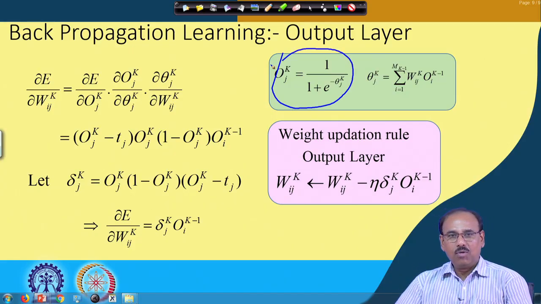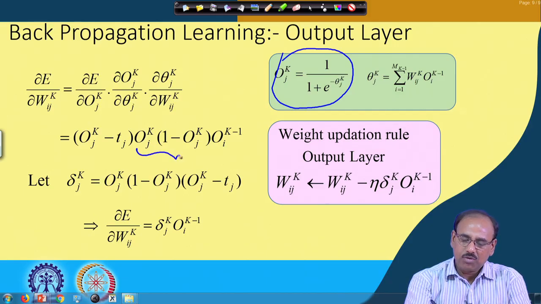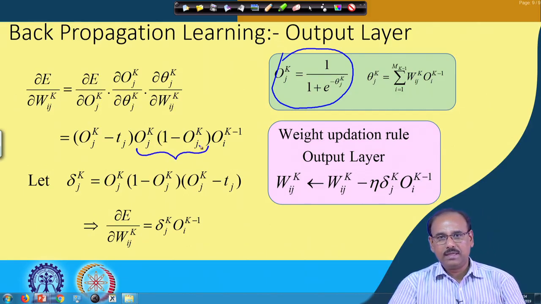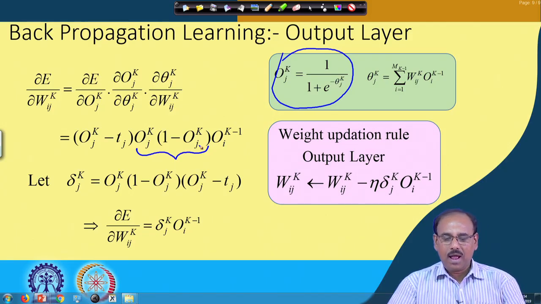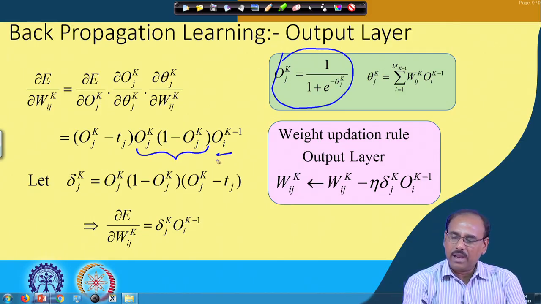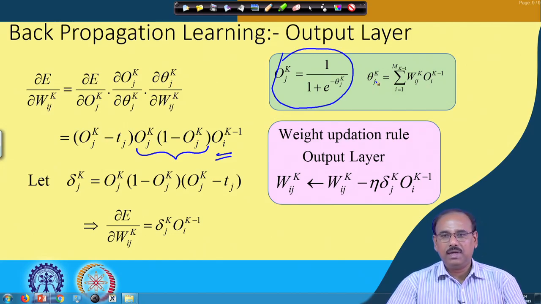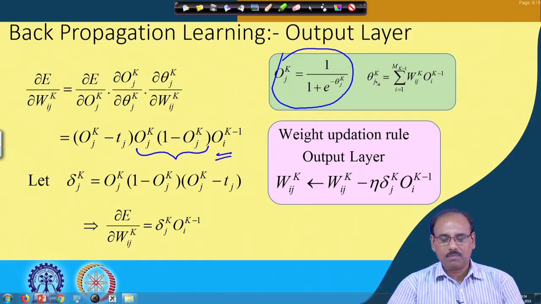So, del Ojk del theta jk becomes Ojk into 1 minus Ojk. We said that the advantage of using the sigmoidal function is that the derivative becomes very simple, which is of this form. And del theta jk del Wij simply becomes Oi^(k-1), because if I take the derivative of this with respect to Wij, it simply becomes Oi^(k-1).